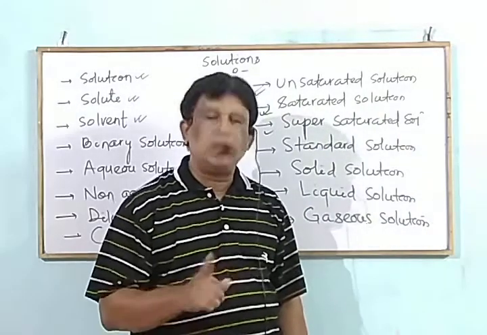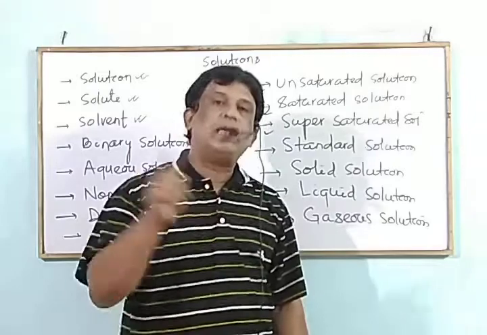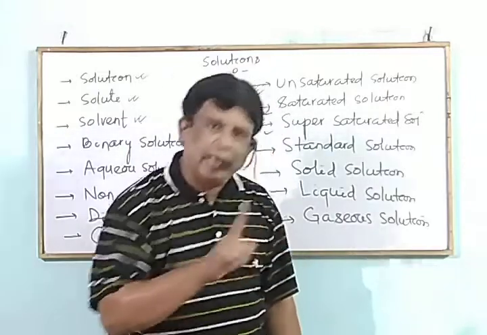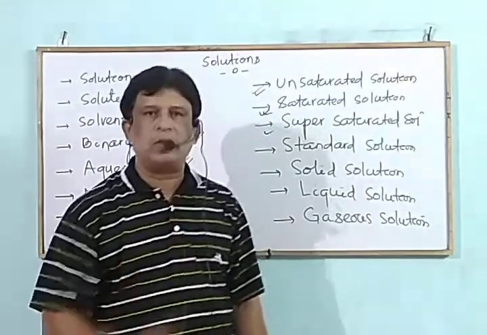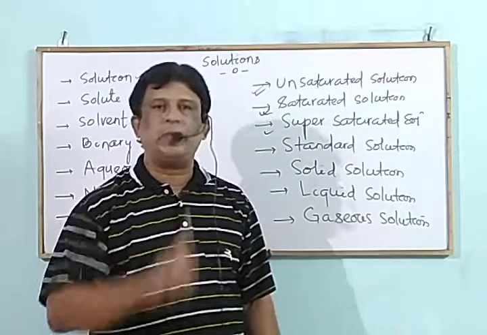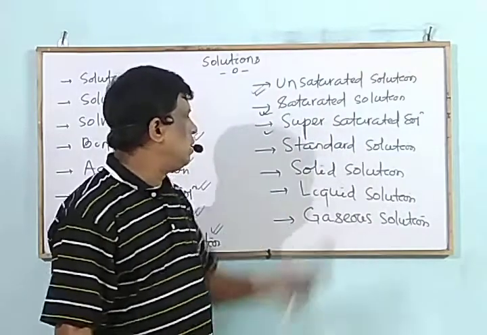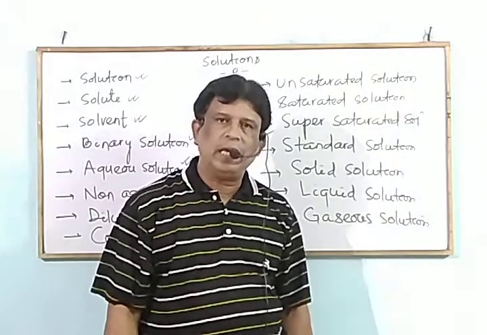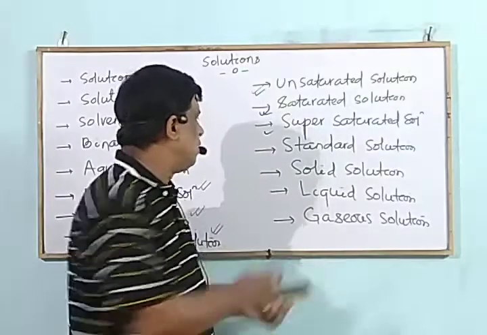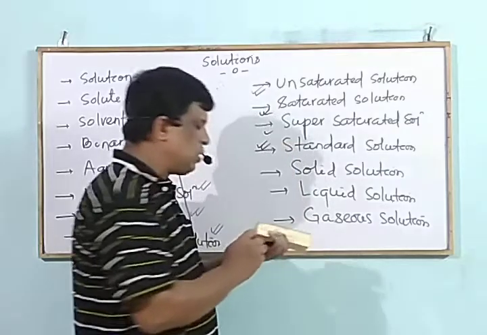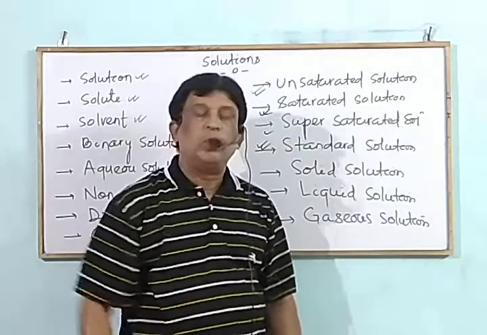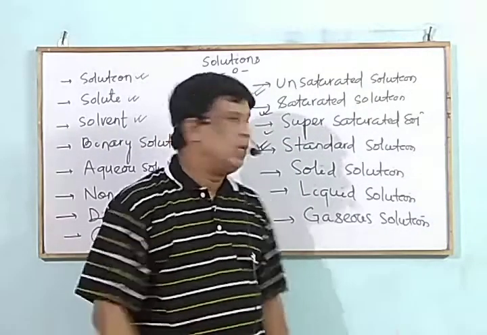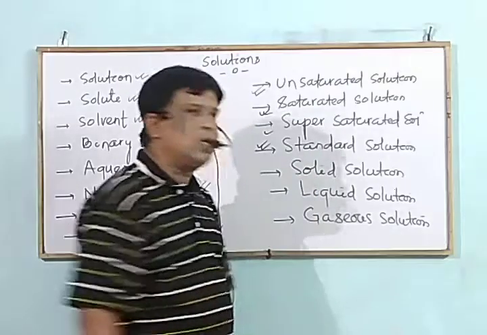But the solution in which more solute can dissolve than required for a saturated solution by increasing the temperature is known as a supersaturated solution. Next, standard solution. The solution whose strength, whose concentration is known, is known as a standard solution.